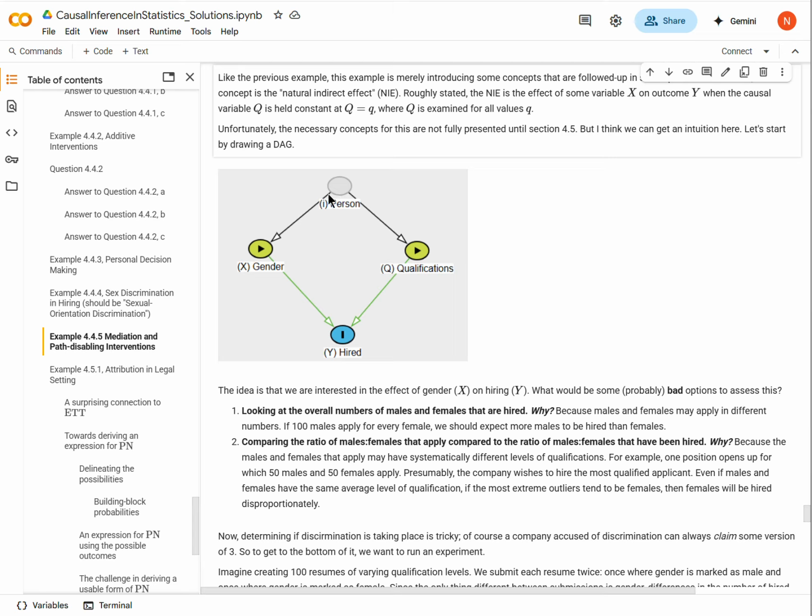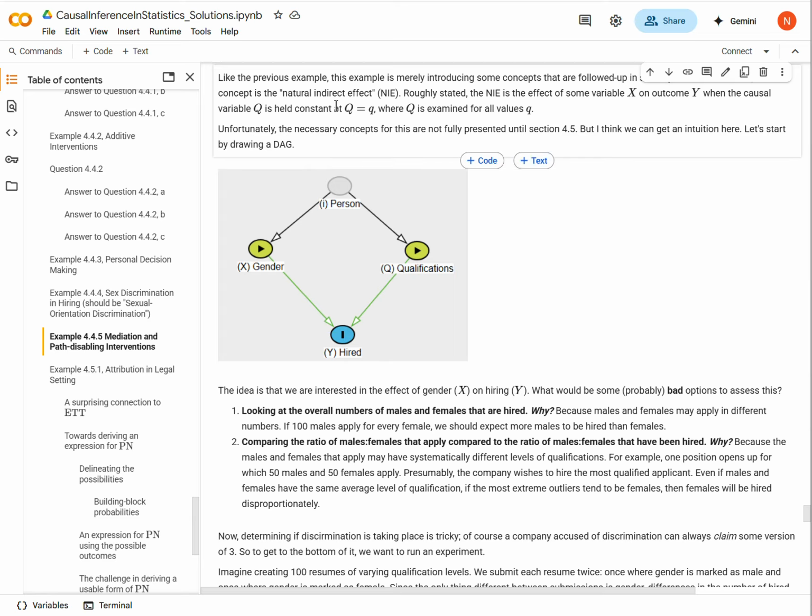Now, so let me continue to lay on some caveats here. One of the reasons I suspect that my understanding of these DAGs and how it's going to interface with the counterfactual scenario here is off is that the DAG I've presented here is looking for the direct effect of gender, but we're calling it an indirect effect.